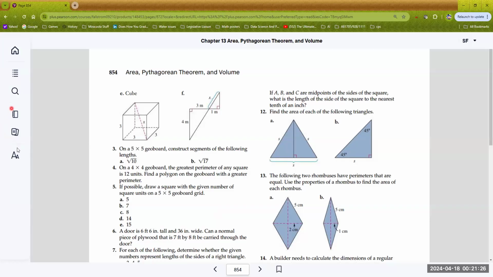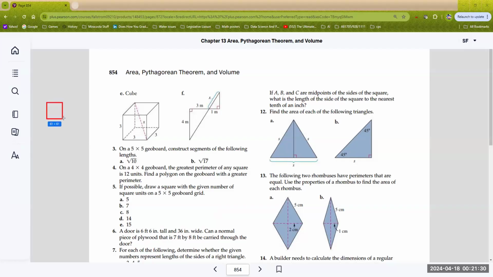If we took a picture of a square like this, and this square, by the way, is a 3 and a 3, because it's a cube. Start with the square, go with just the 2 dimensions, and then find the length right here. Find that diagonal. You can use the Pythagorean theorem to find that.